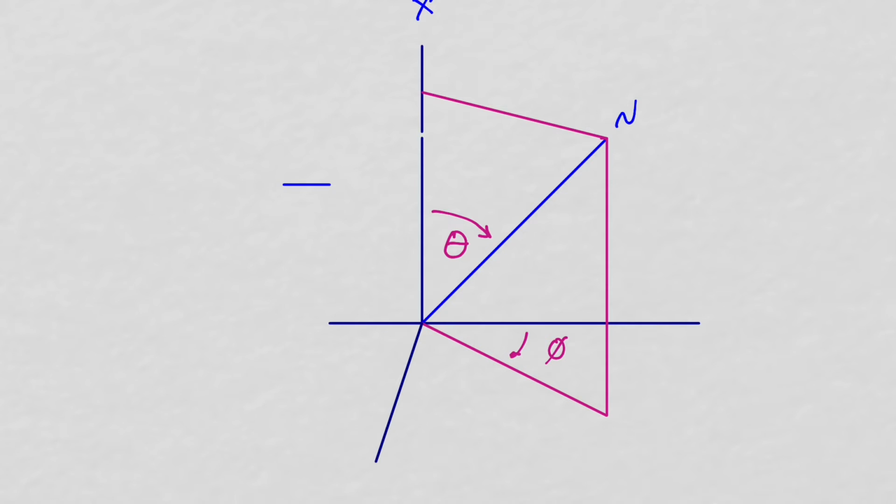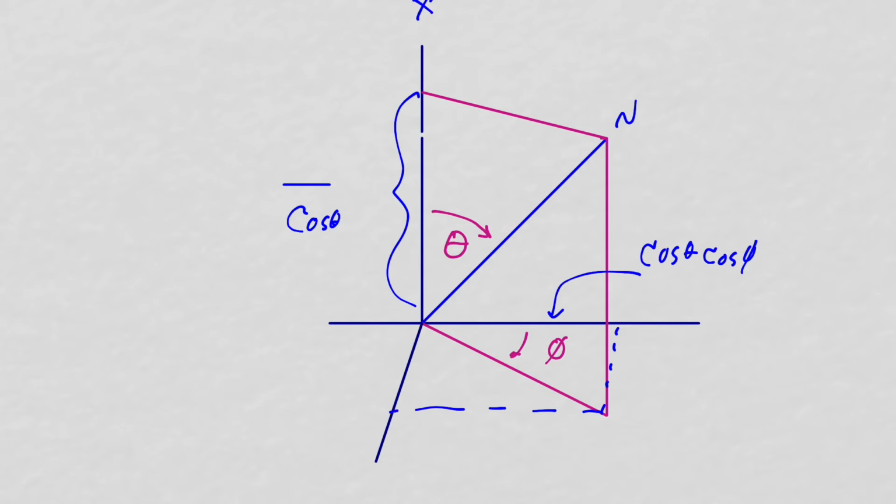It should be here, cosine theta, and it should represent this distance, right? And likewise, these projections here are going to be, in this case, this particular projection is going to be cosine theta or cosine phi, right? That's this projection. And then this projection here should be cosine theta.